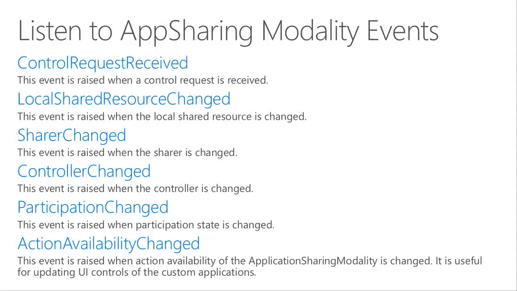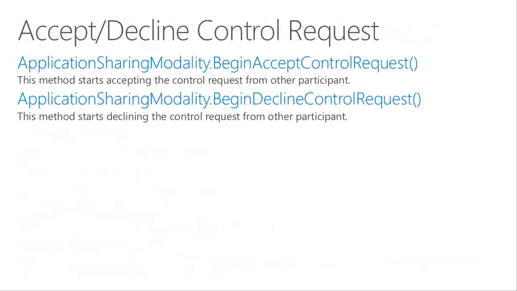This kind of action will be available so that you can update your controls accordingly, depending on what action is available to the application. Here's how you can do the accept and decline control. Just these two simple APIs. You can call get control request, or you can decline control request by using these two simple APIs.